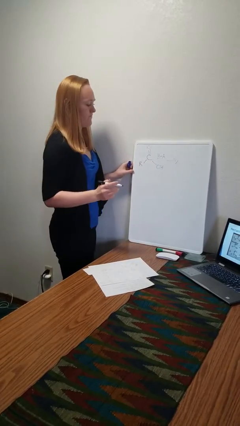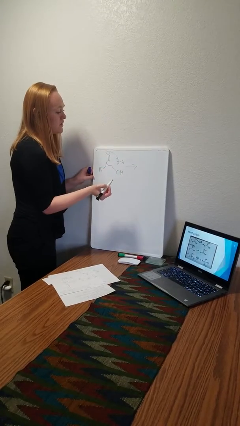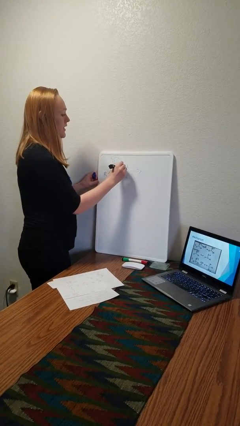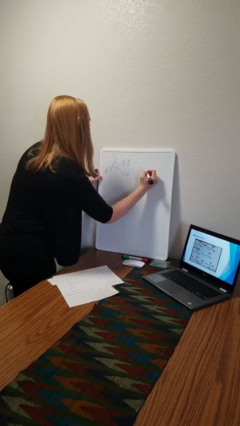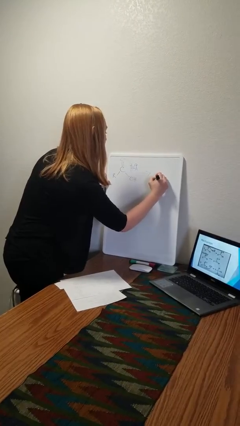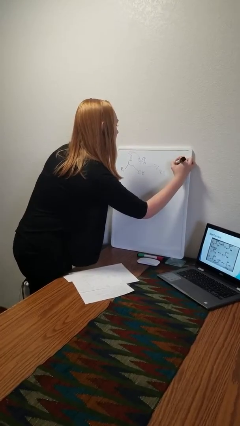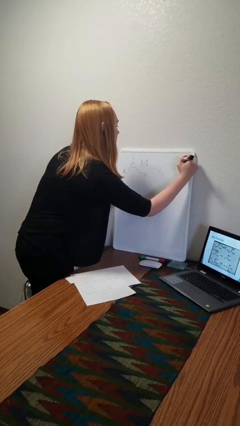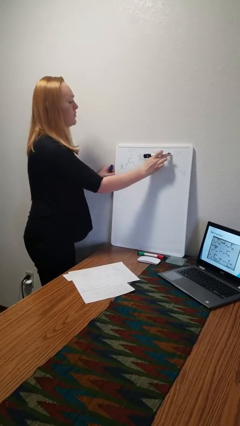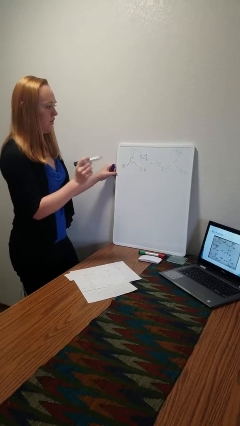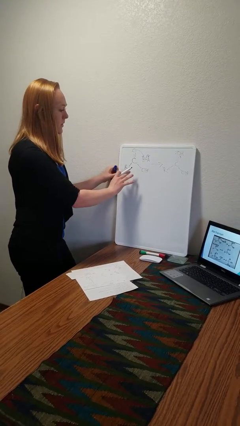So the lone pairs on the oxygen will go and attach to the hydrogen, breaking this bond and breaking that off. Then you'll have a positive charge on the oxygen there. So you're protonating the carboxylic acid.